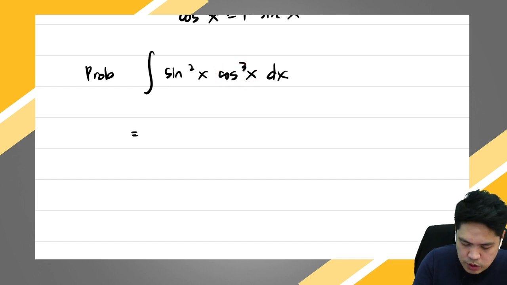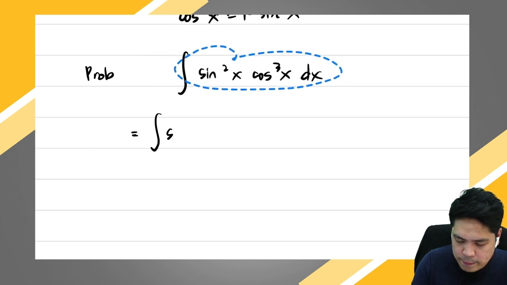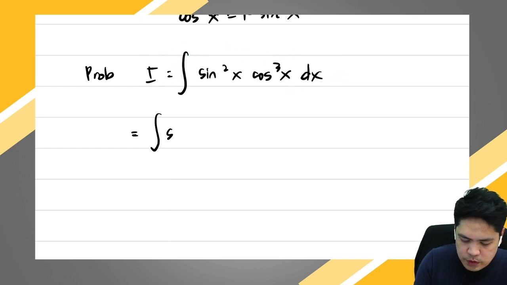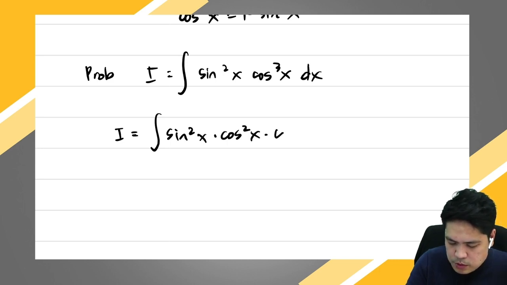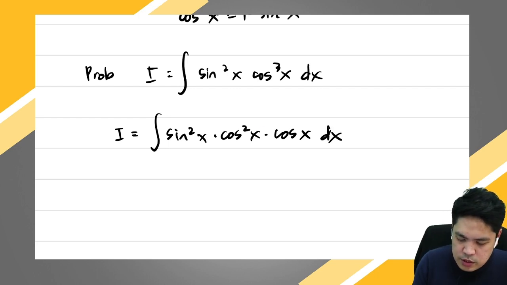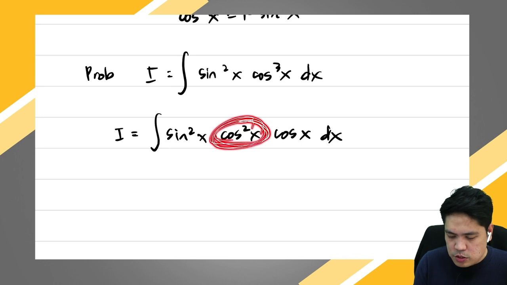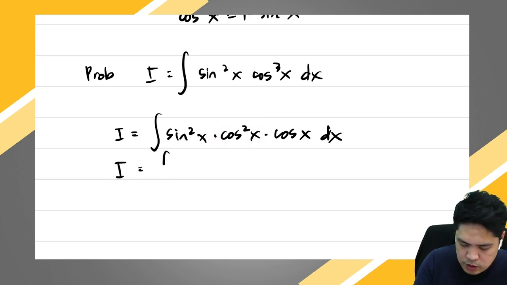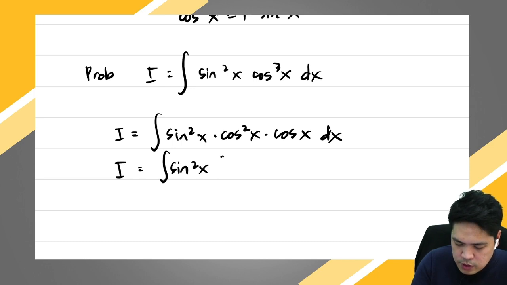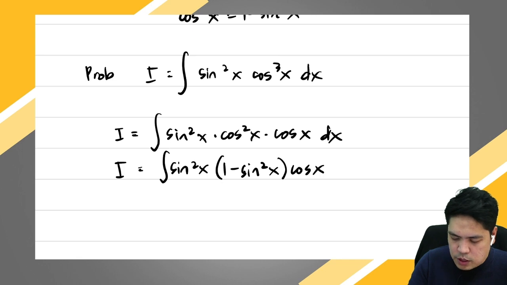So, we could rewrite this, or how about if I name this as I na lang. Okay. So, therefore, I is equal to sine squared x, and cosine cube could be written as cosine squared x times cosine x dx, right? Then let us transform this to its equivalent identity. So therefore we'll have I is equal to the integral of sine squared x times 1 minus sine squared x times cosine x dx.